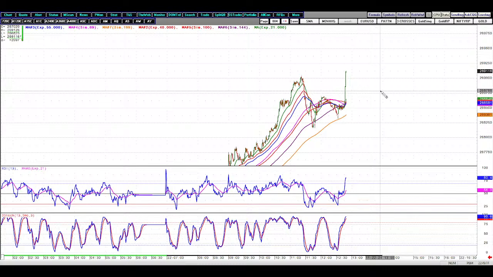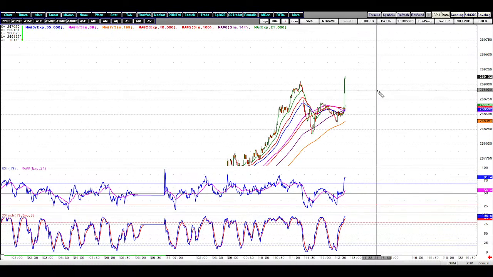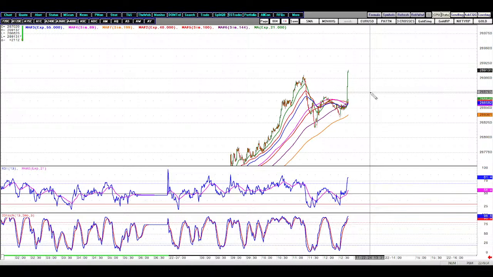We got stopped out. Let me see here. Now I think this is not the high, and we have to look for the next levels. As I said, we can expect up to 2704 or even 2711.